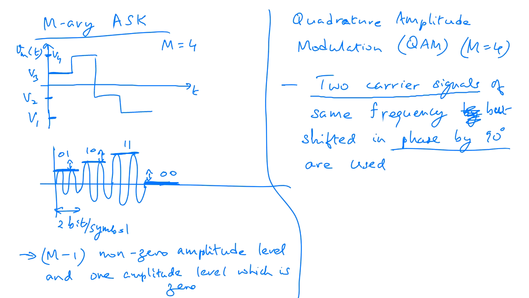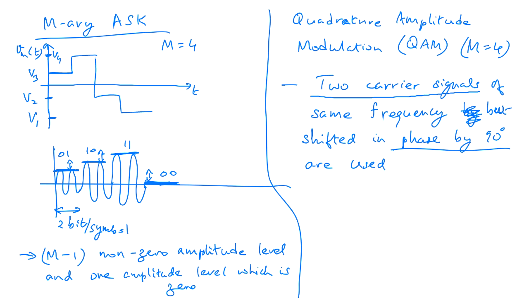The sine part can have either a 1 or a 0 representation. That means in the same interval, we have now two bits of information, but using only two amplitude levels rather than four amplitude levels. Okay, so that's the whole idea behind quadrature amplitude modulation.